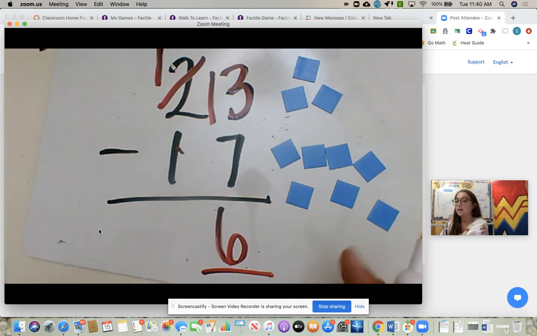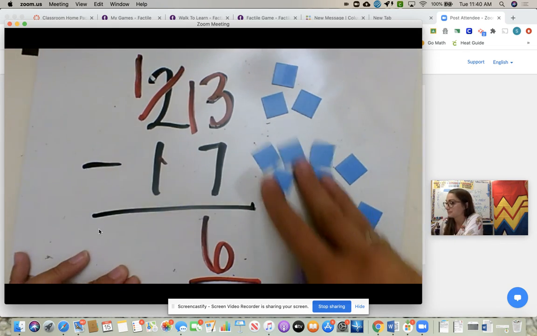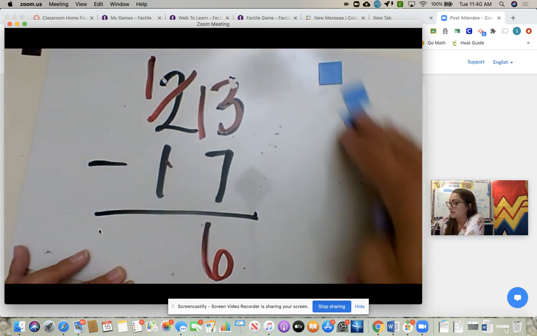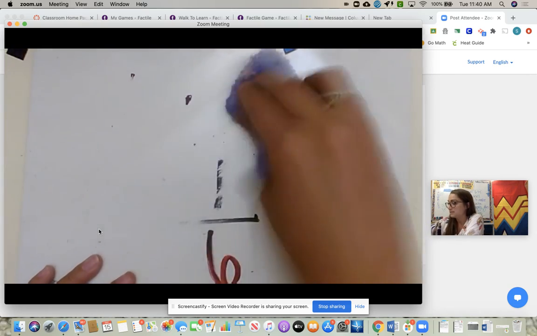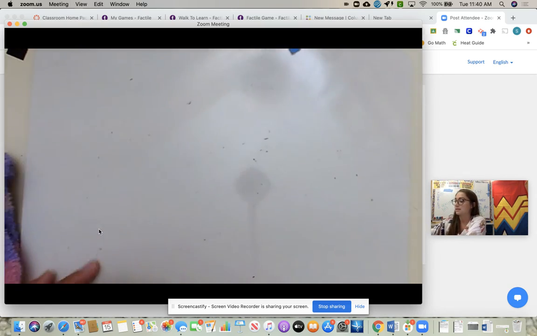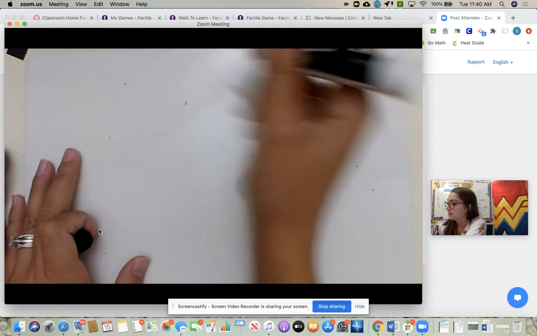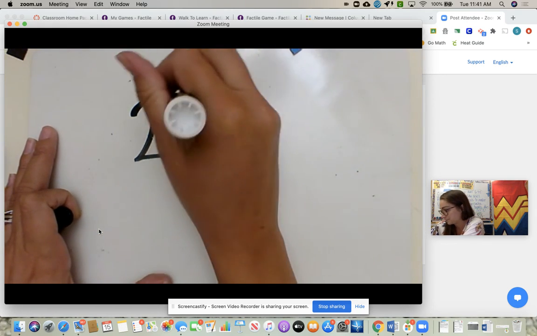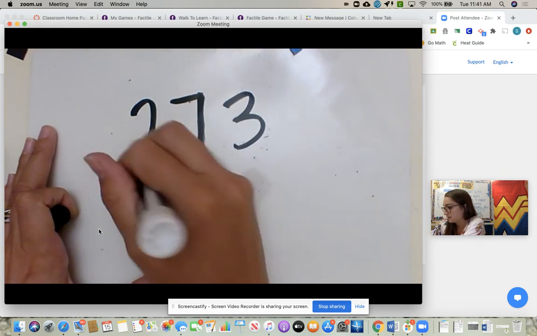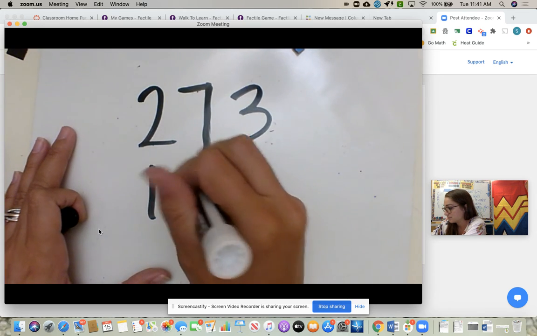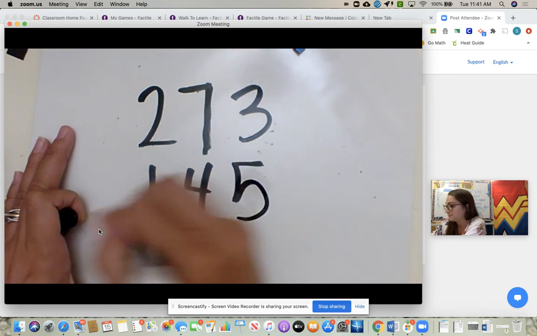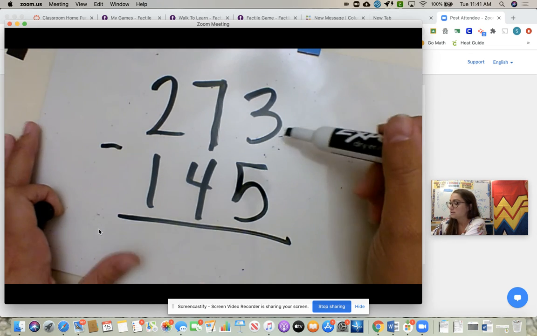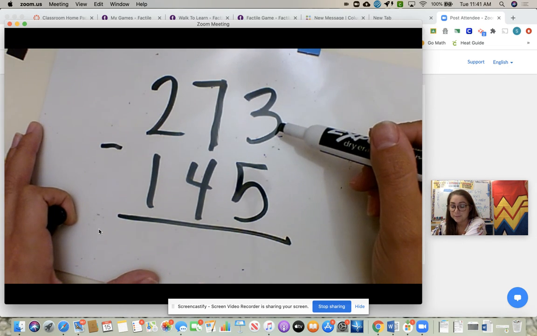So a nice rule when you are subtracting is, you need to look at your top number.